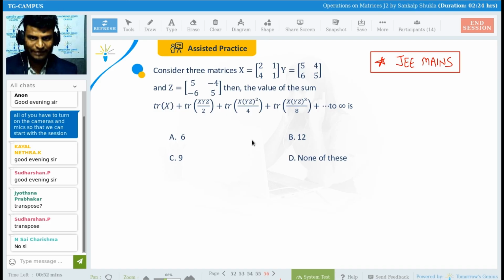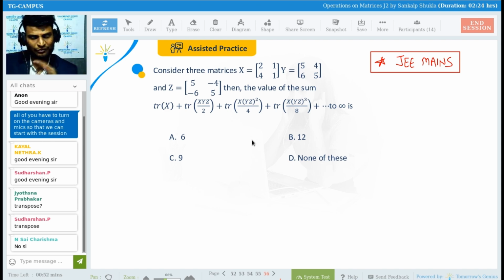TR is supposed to be known as trace of matrix. I have clearly told you guys that we represent trace of matrix using TR. I think the ones who don't know it must have missed that session, but that's not an issue.